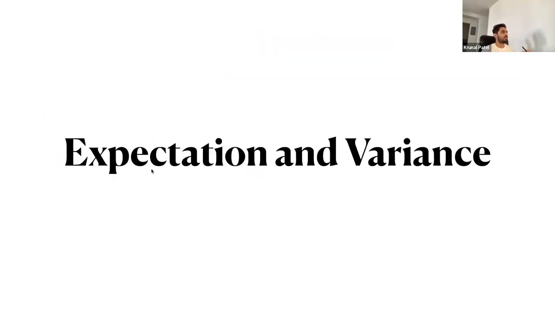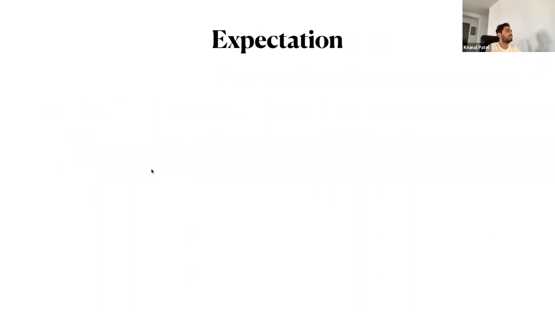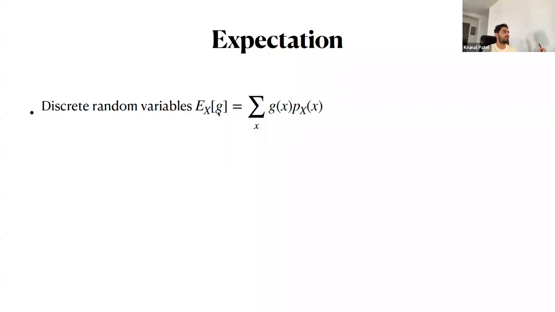Now we'll talk about expectations and variance. This is something that we'll be using a lot in the machine learning course, and even in the reinforcement learning course. So what is expectation? First of all, we'll be measuring expectations of a function. For a function g, we will go through all possible values of that random variable.